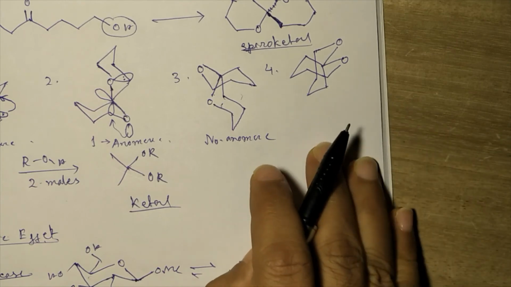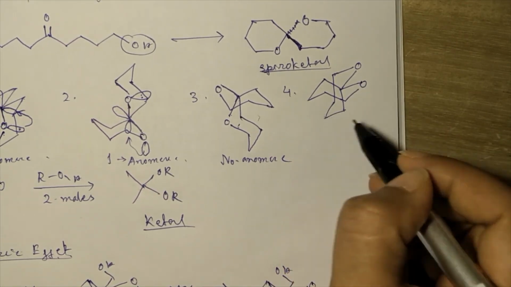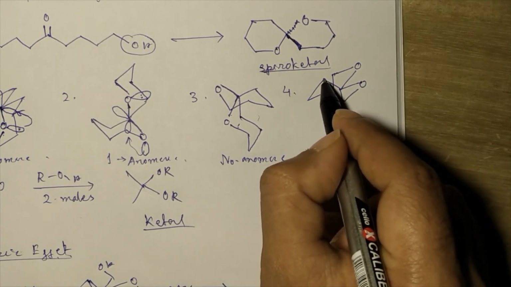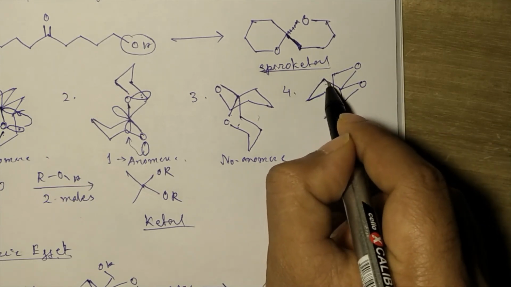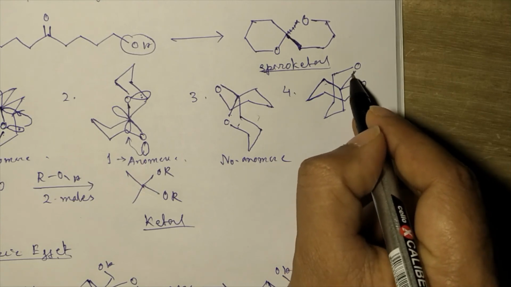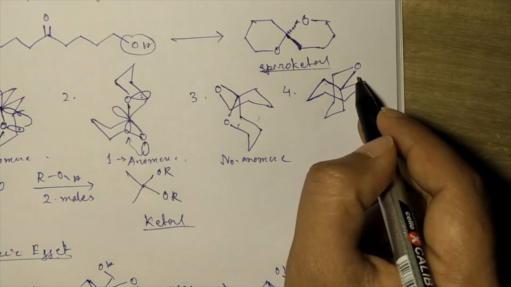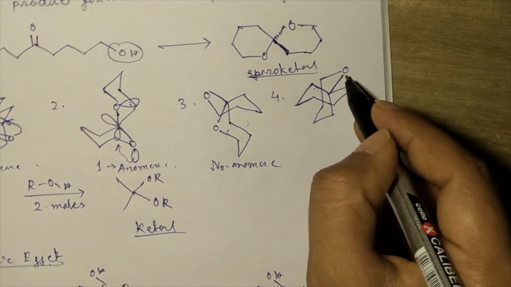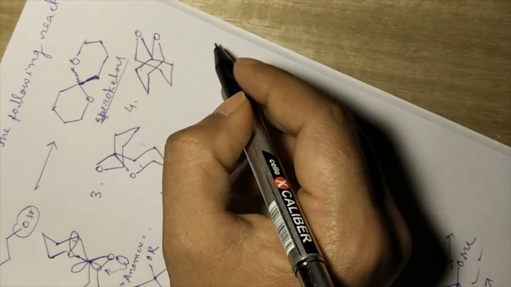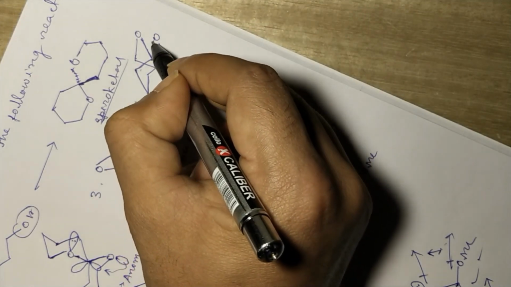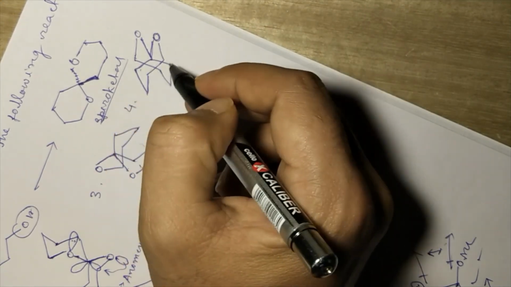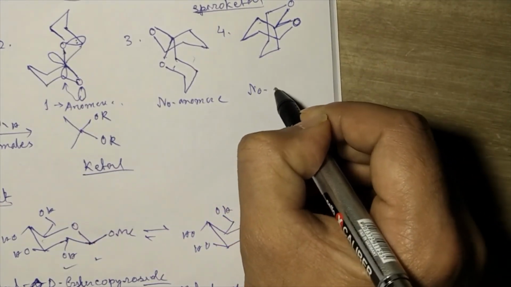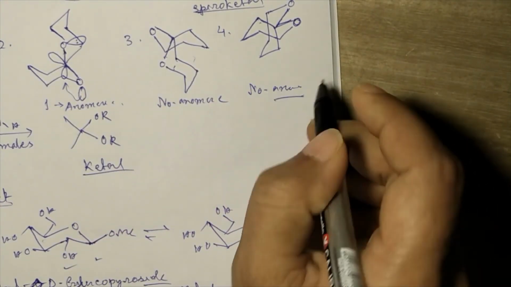And in this case, if we see this cyclohexane, this is in the equatorial position, and if we consider this cyclohexane ring, this is also in the equatorial position, so here also no anomeric effect will be observed.